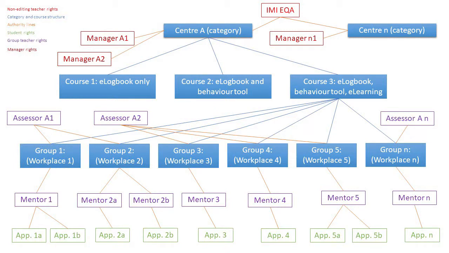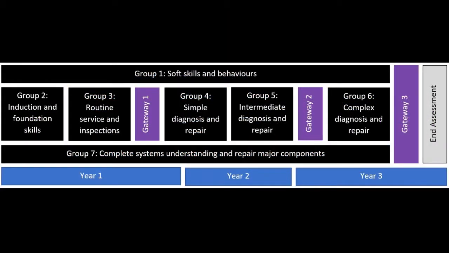This is just the general overview of the whole apprenticeship standard, showing how it's made of a number of different groups and gateways. Group 1, which are soft skills and behaviours, is spread out over the whole course, if you like, leading up to the final assessments at Gateway 3, the end assessments. Then Group 2, 3, 4, 5 and 6 are done consecutively, leading up to Gateway 1 and Gateway 2.